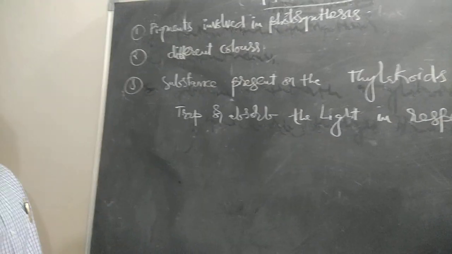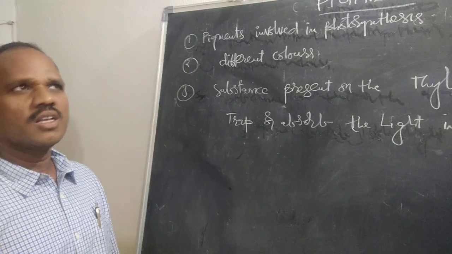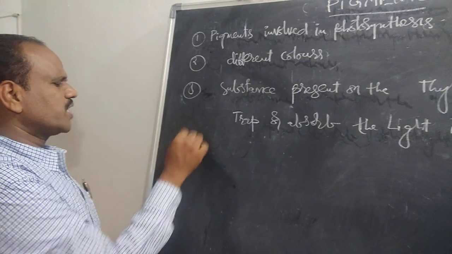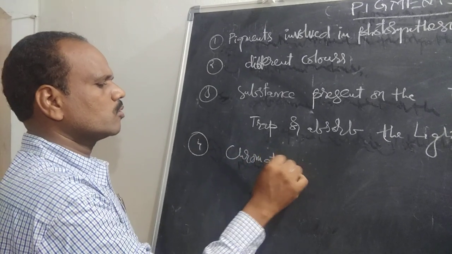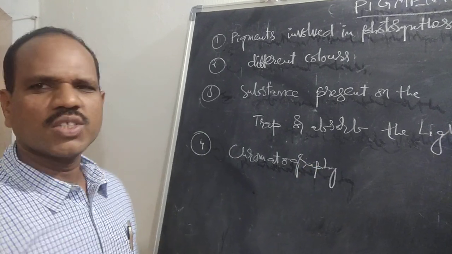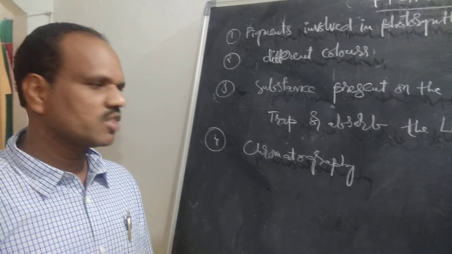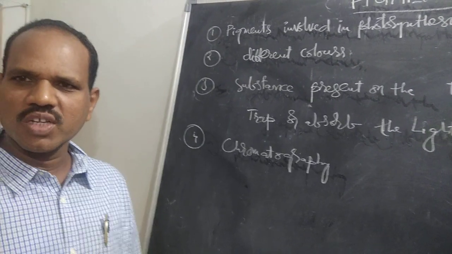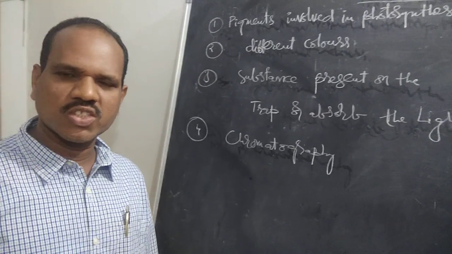When we observe a leaf, it is green in color. By using the chromatography technique, when we split the pigments present in green plants, it is not due to a single pigment. It is due to different pigments.